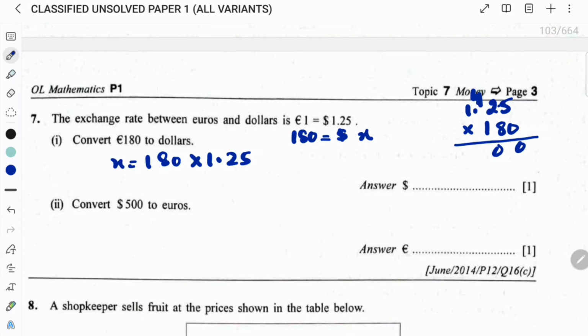So 36 and 9, you will add it together: 36 and 9 is 45. So 18 times 1 is 18. 18 plus 4 is 22. So with 2 decimal places, 225. So 225 is the answer for this question.